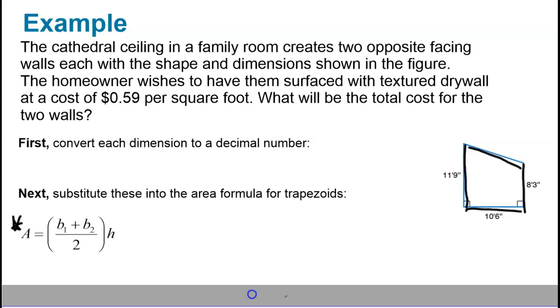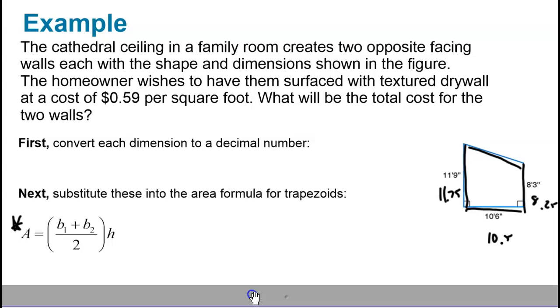So let's go ahead and convert this to a decimal for each one of these. So 11 feet 9 inches will be 11.75 because 9/12 of a foot. 10 feet 6 inches will be 10.5 feet, and 8 feet 3 inches will be 8.25.